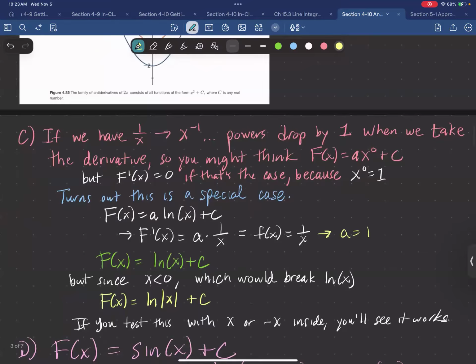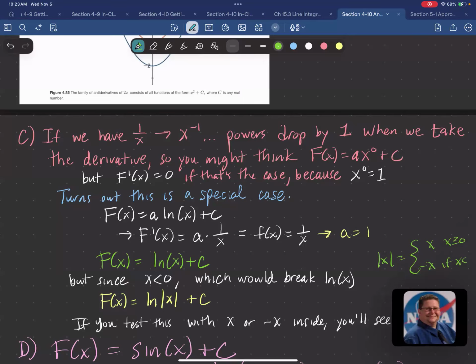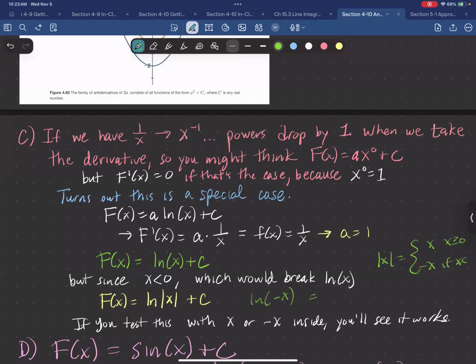Remember, the absolute value function equals x if x is greater than or equal to 0, negative x if x is less than 0. And if I did that here, I had natural log of negative x, and I took the derivative, it'd be 1 over negative x times the derivative of the inside, which is negative 1, which would end up still being 1 over x. So we do see that works. Okay? So that'll be natural log of the absolute value of x.